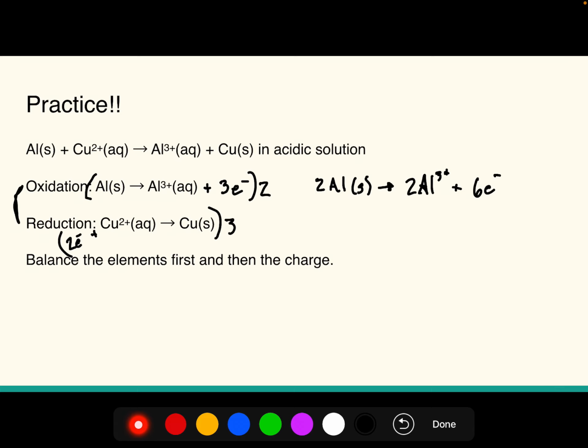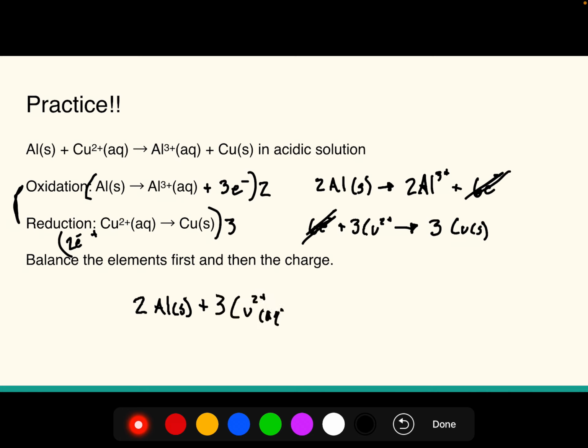Then the bottom half is going to be 6 electrons plus 3 Cu2+ gives 3 Cu solid. Now the electrons given off are the same as taken in, and you can just combine them. So we end up with the overall reaction of 2Al solid plus 3Cu2+ gives me 2Al3+ plus 3 copper solid. Just like that.